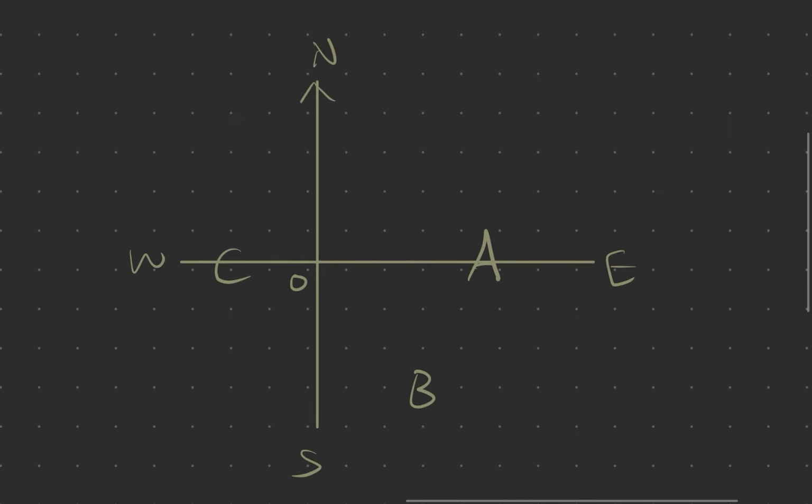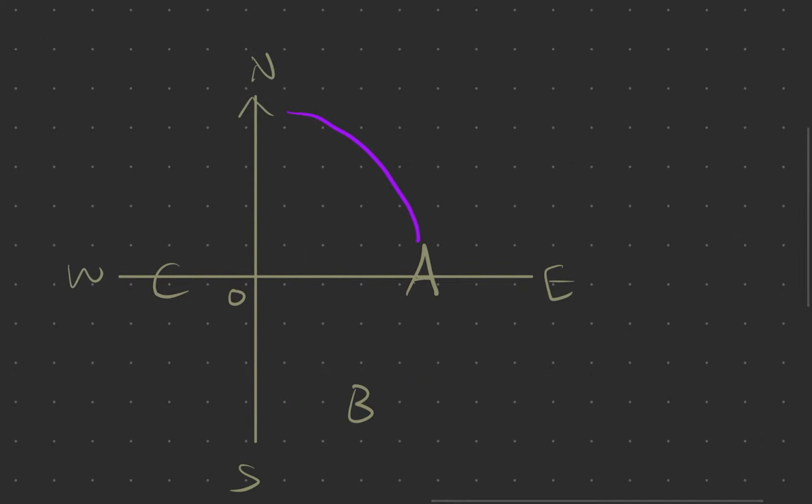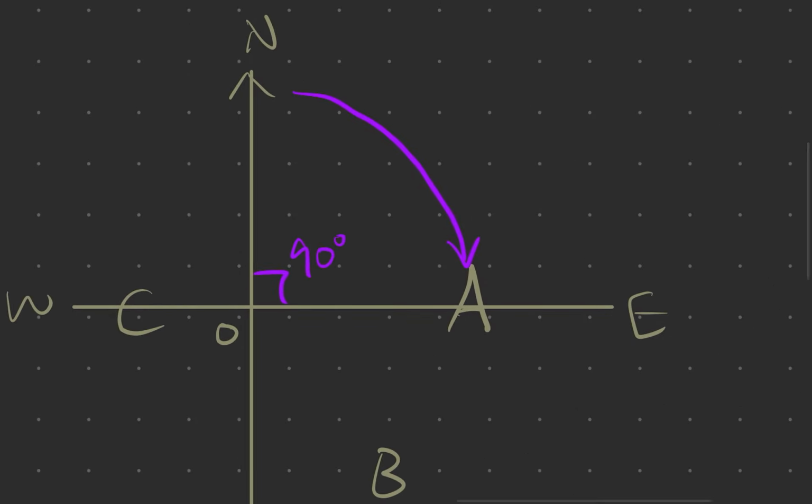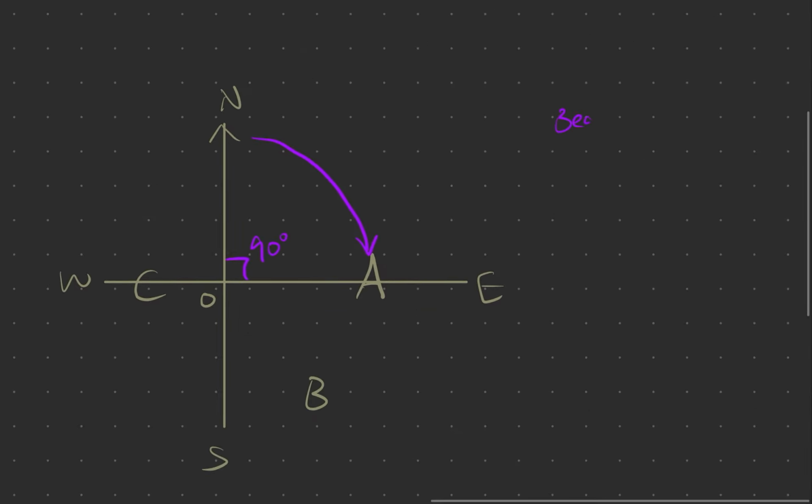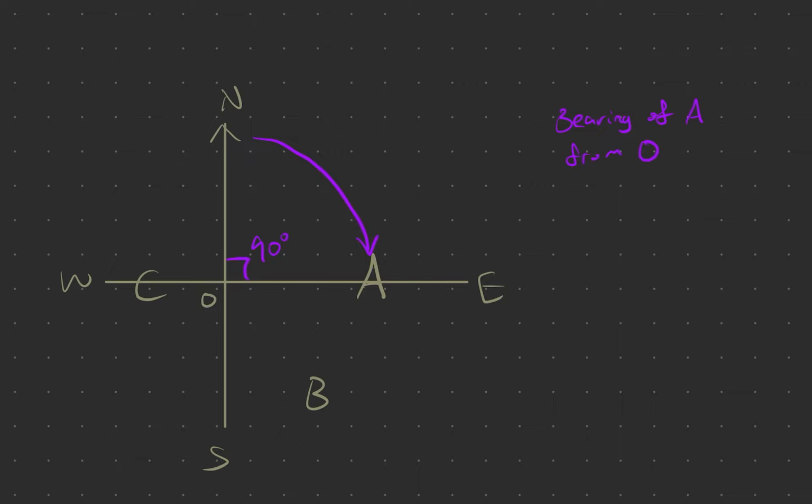Okay, so what if I want to find the bearing of A from O? Basically, same thing again, clockwise direction to A. And this angle here is just conveniently a 90-degree angle. So therefore, bearing of A from O will equal 090 degrees.